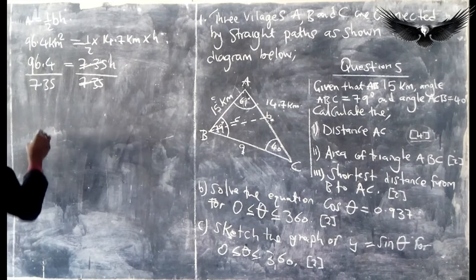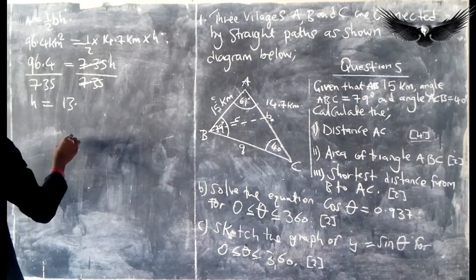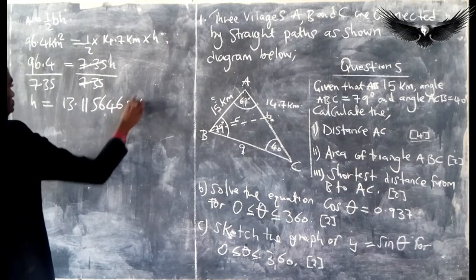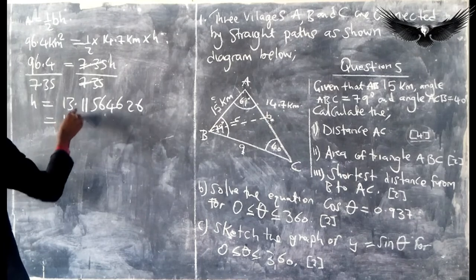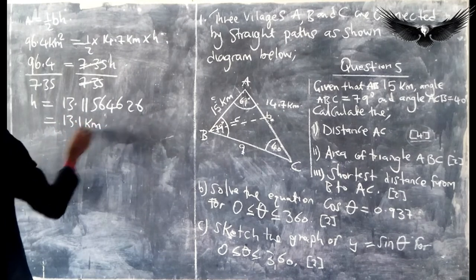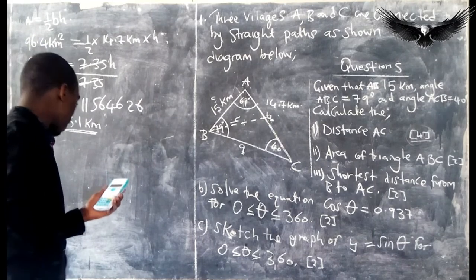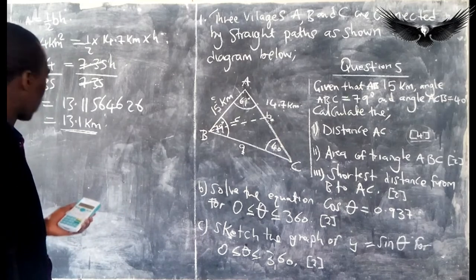This one is giving us h being equal to 13.11564626. Alright, therefore h is equals to 13.1 kilometers. So this is the shortest distance. Alright, so that is what happens when sorting out such questions.